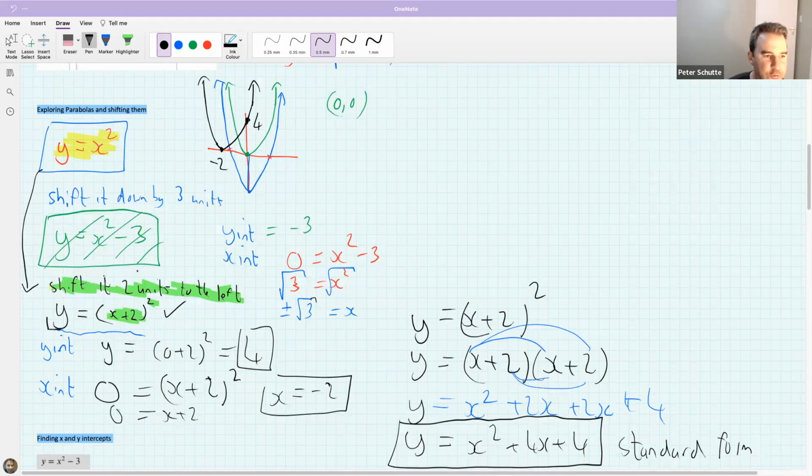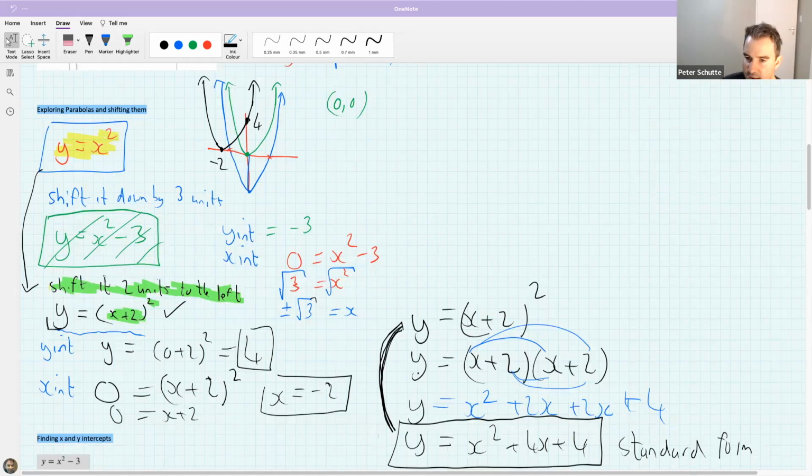And this form over here, although it's not completely here, is sometimes called the alternate form of a parabola. They are the same thing, but I just want to make sure you're aware of that. So just give me a thumbs up if you understand why these two are the same thing. I just want to make sure you're clear on that before I move on.